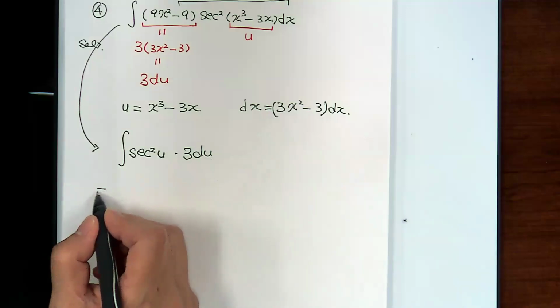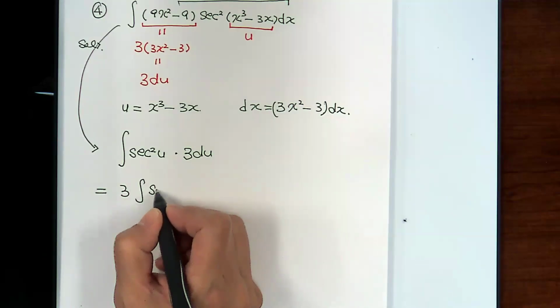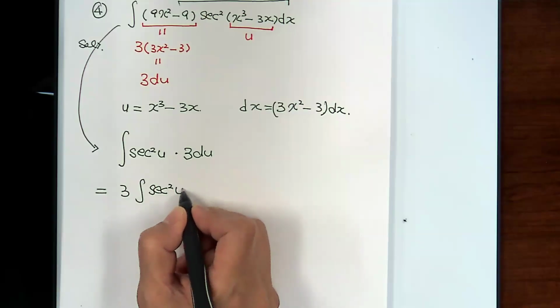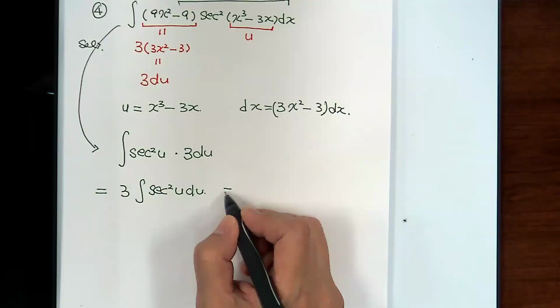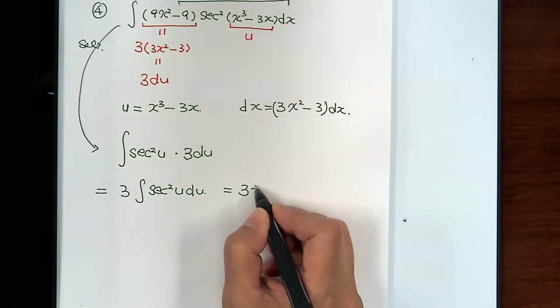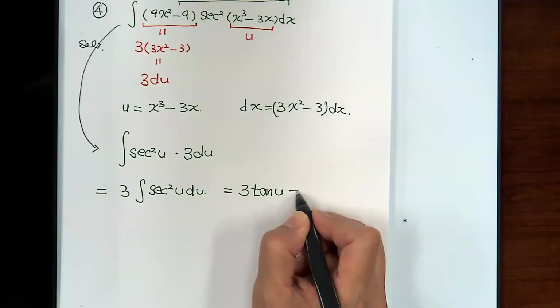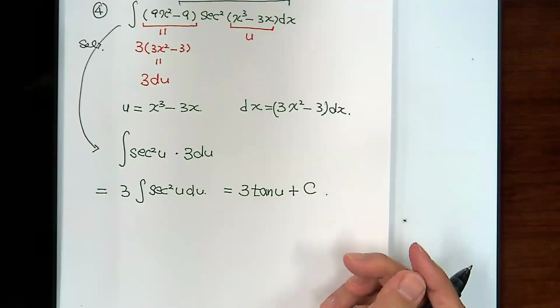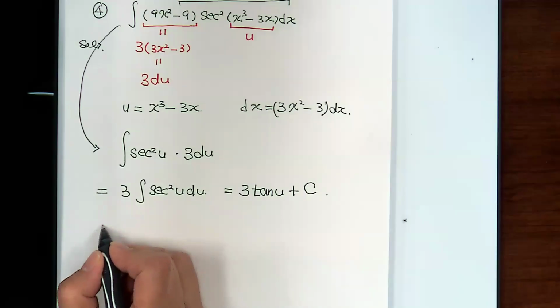So that will be rewritten as 3 times the integration of secant squared of u du, and that is 3 times tangent of u plus c, because the derivative of tangent is secant squared.